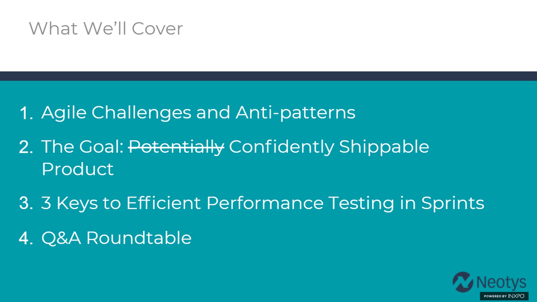Then we're going to talk about the real goal of all this work, of a lot of our Agile theater, or sometimes our Agile processes, and where we're really going as an industry. What's the point? Which is essentially confidently shippable product. And then we'll talk about three keys to efficiency in performance testing, and then we'll do some roundtable.